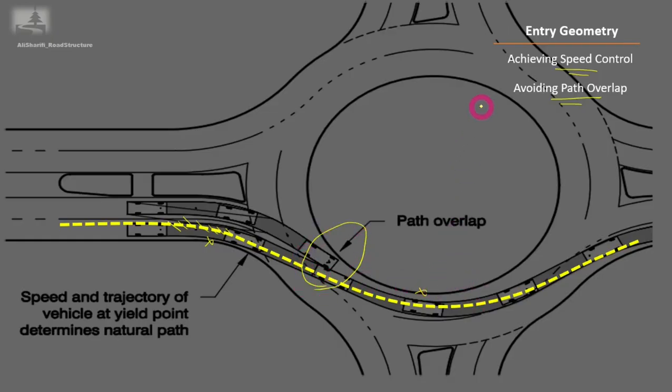This is where it gets more challenging compared to geometric design of single lane roundabouts, because these are competing needs. Speed control normally calls for sharp deflections, and sharp deflections, especially when located close to the yield line, normally cause inadequate natural paths and path overlap.